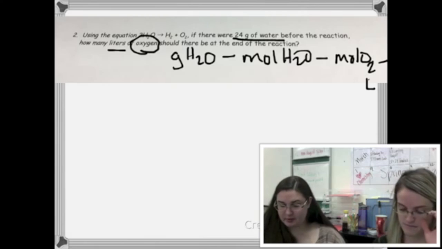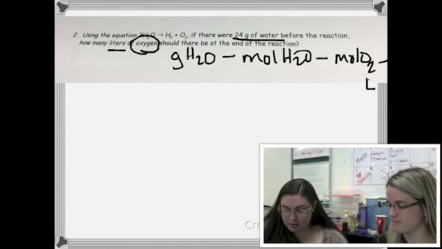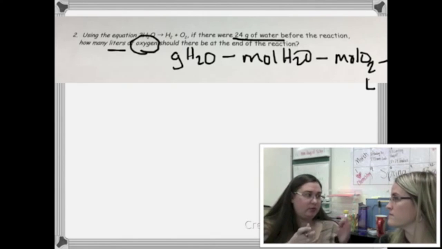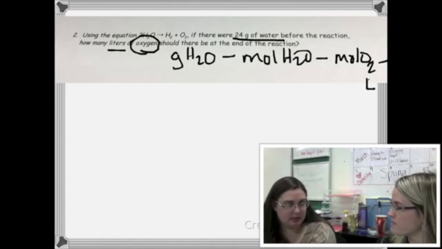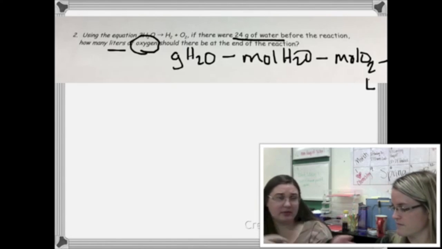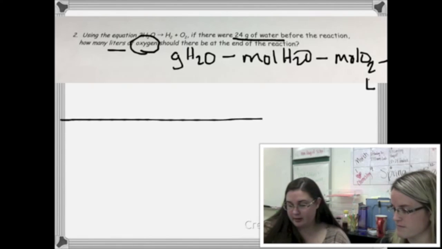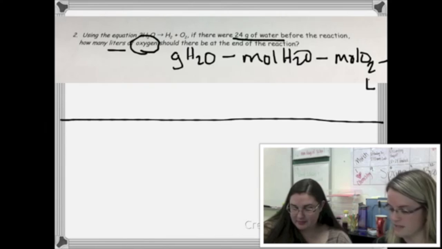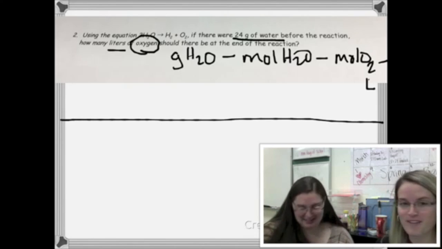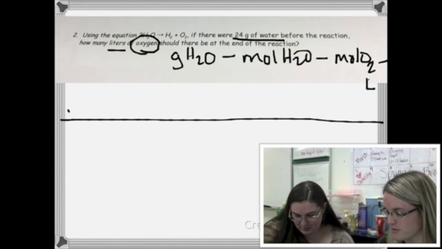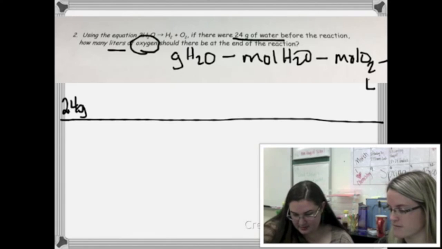Okay, so you don't have to do grams to grams and then to liters. We can actually link it all together, one big track. We're going to need 24 grams of H2O.